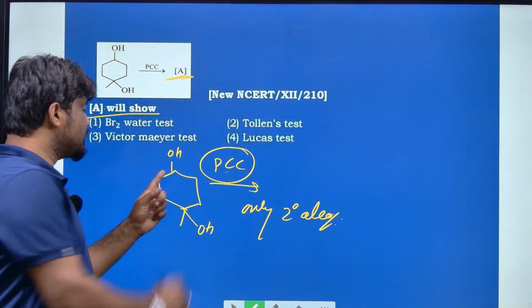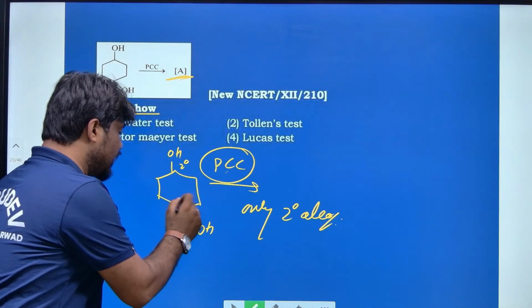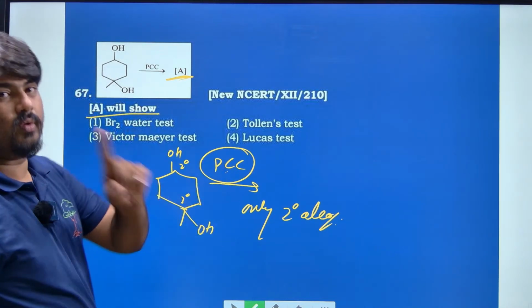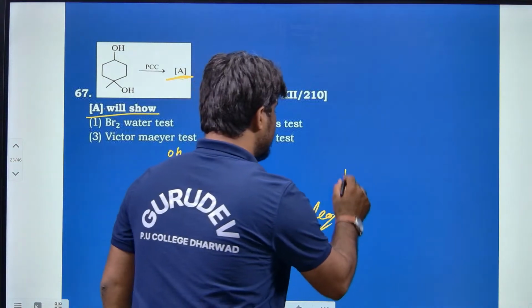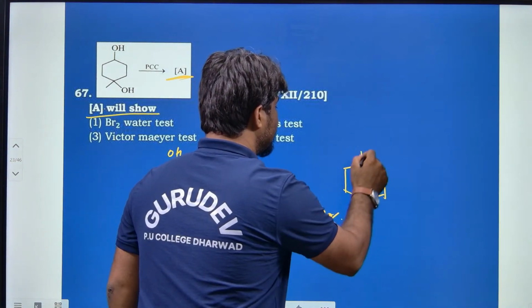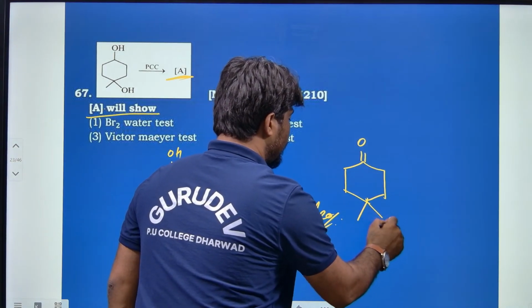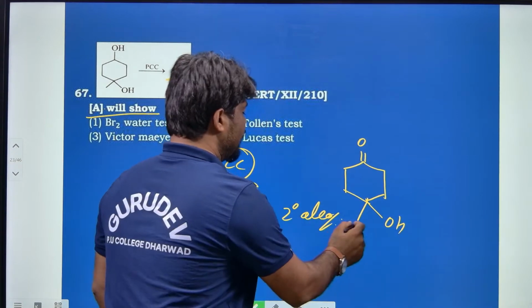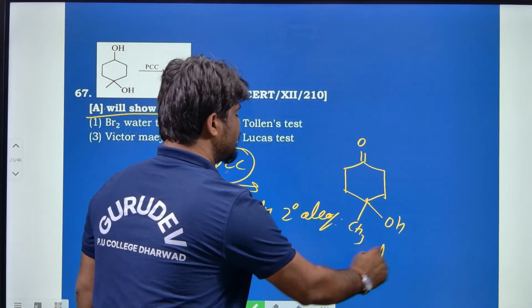Among these, this is a secondary alcohol and this is the tertiary alcohol. PCC oxidizes only the secondary alcohol, resulting in the formation of this molecule. Like this I can retain the product as A.